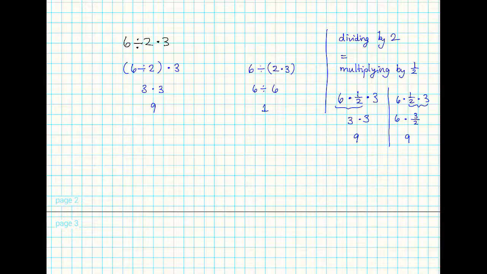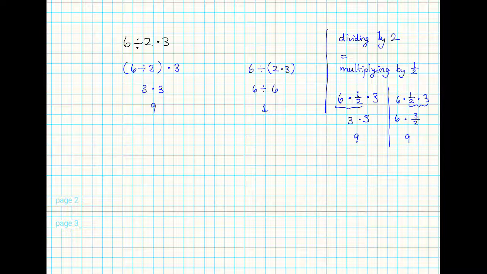So, again, recognizing that multiplication and division are very, very related, and that dividing by any number is the same as multiplying by its reciprocal, that will actually help us fix this question.